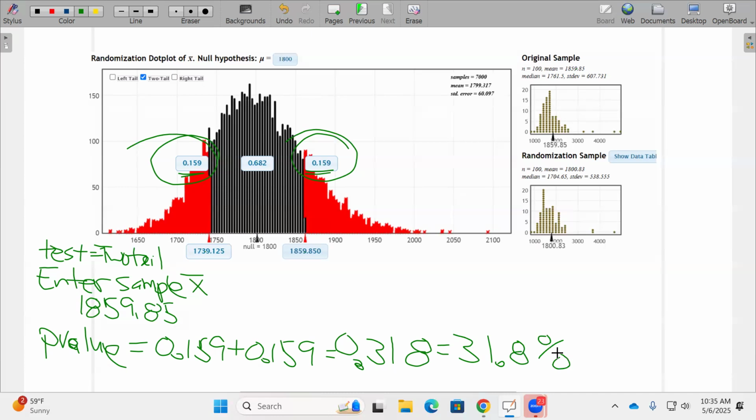So what's our conclusion here? Well, to get your conclusion, just a reminder of what I talked about before. If you have a small p-value, then that means you support the alternative.